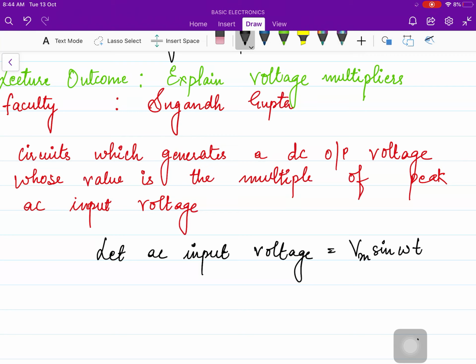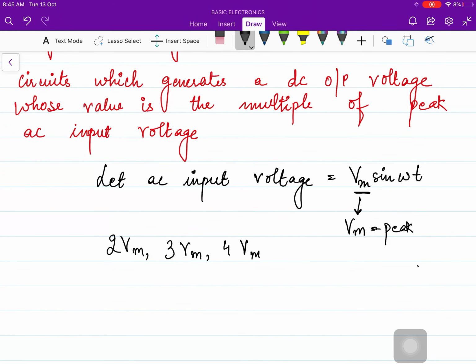If you pass it through a voltage multiplier, then it will produce the multiple of the peak voltage. What is the peak voltage here? Vm. Vm is the peak voltage. So the multiple of this peak voltage will be produced like 2 Vm, 3 Vm, 4 Vm and so on.